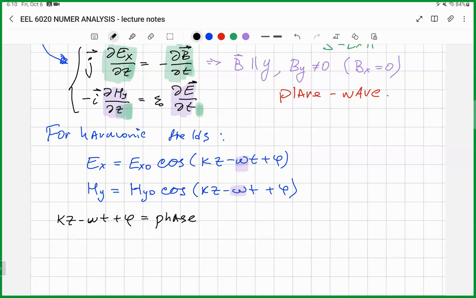This phase depends on the coordinate and depends on time. And this cosine function is a periodic function of 2 pi. So this phase is repeated in space and in time every 2 pi instance or 2 pi distances.